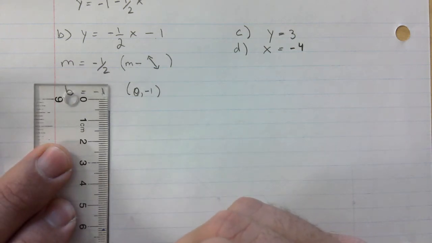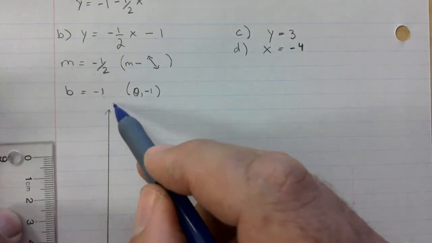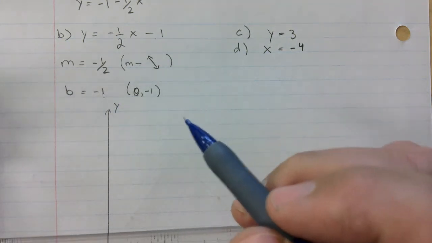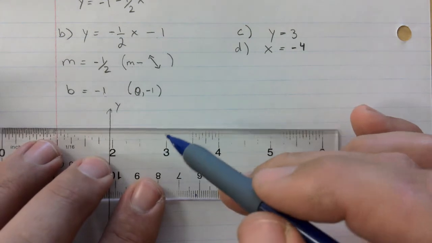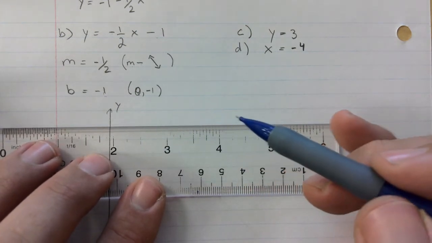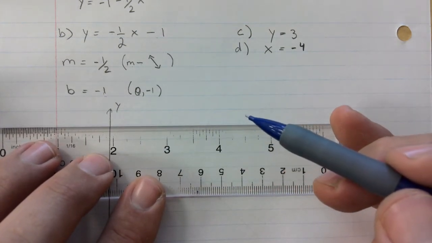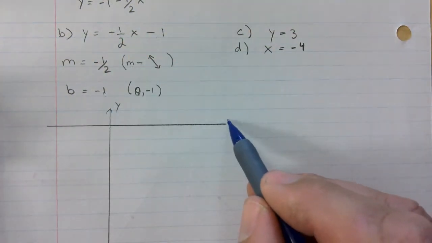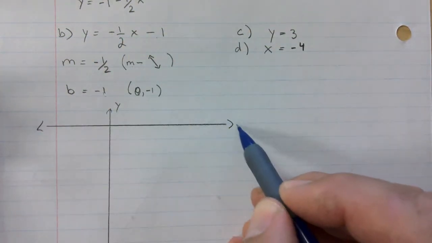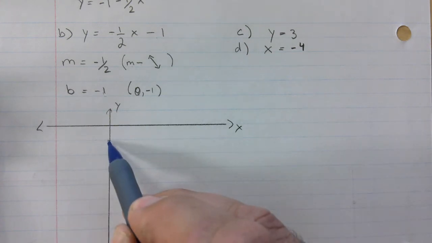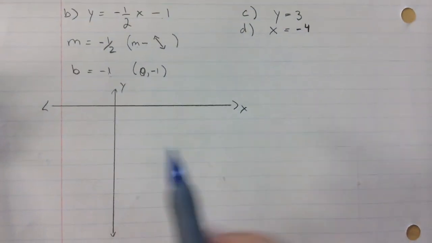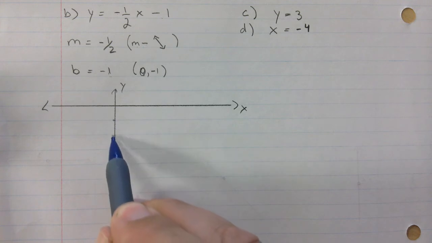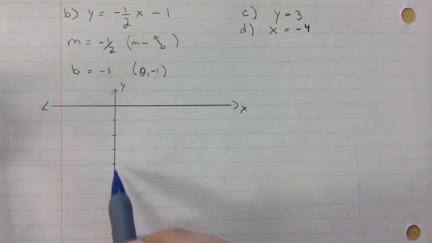So I start with my y-axis. That's usually what I start with. And I'm going to start up here with my x-axis because I'm going down. So I'm basically zooming in. This is my -1 here. So I'm going to just make marks. 1, 2, 3, 4, 5, 6. That's good enough.